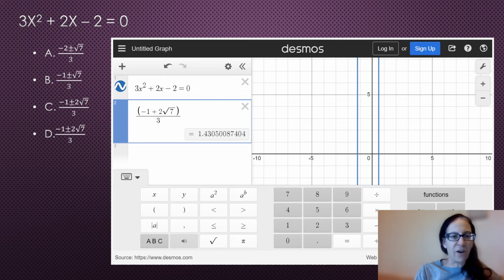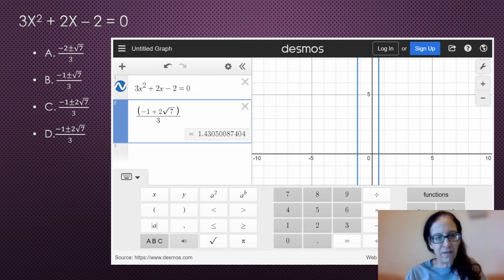I am going to start by graphing the equation in question. I think we're okay with that. Okay, and I'm going to look at my x-intercepts.